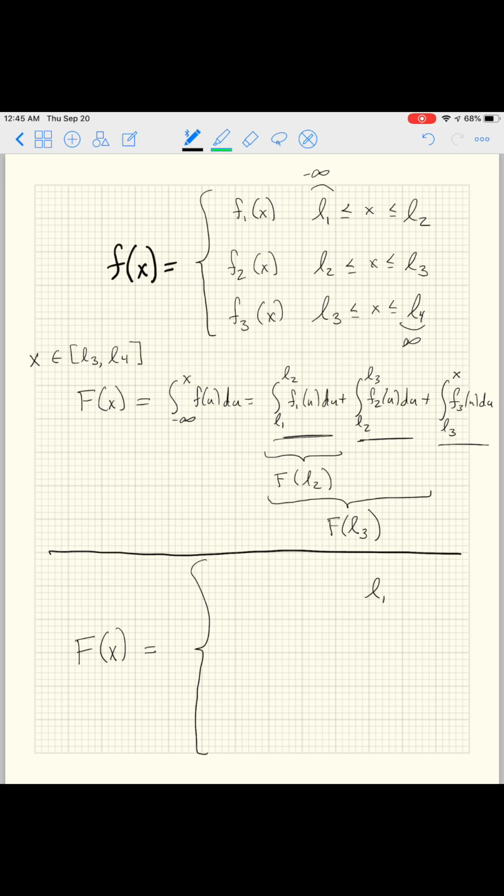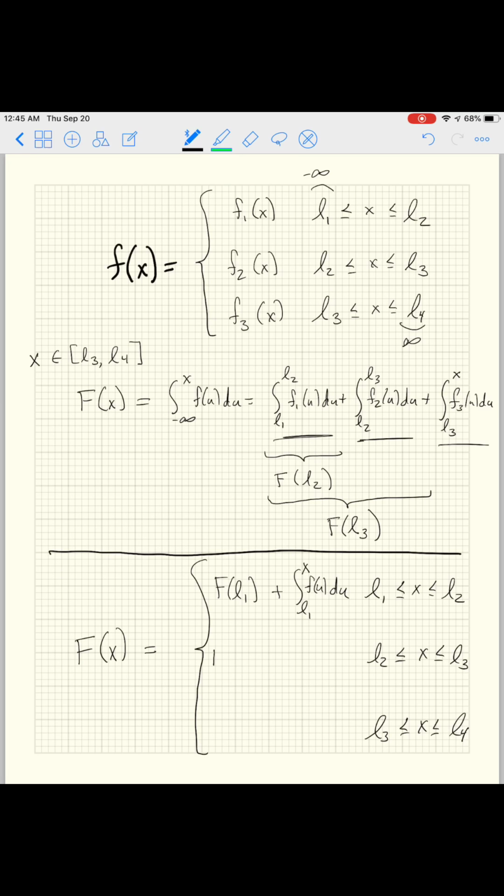This will be from L1 to L2, this will be from L2 to L3, and this one will be from L3 to L4. In each of these cases, it's just going to be big F of L1 plus the integral from L1 to x of little f of u du.